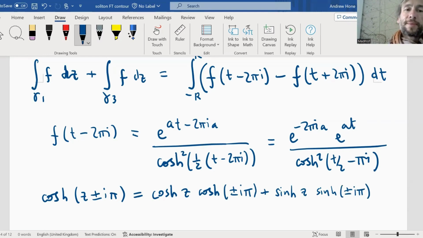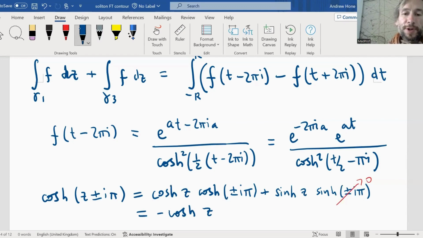Okay, but then the sinh of i pi and minus i pi is 0, just because that's i times sine of pi, so it's 0. And then cosh of i pi and minus i pi is equal to -1.